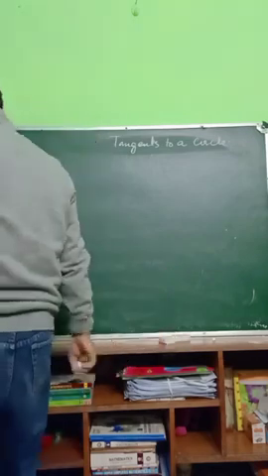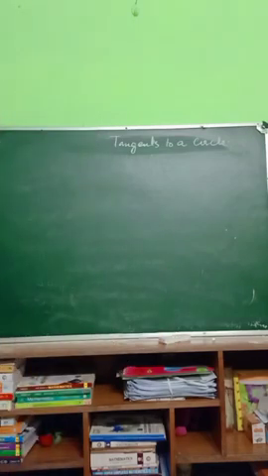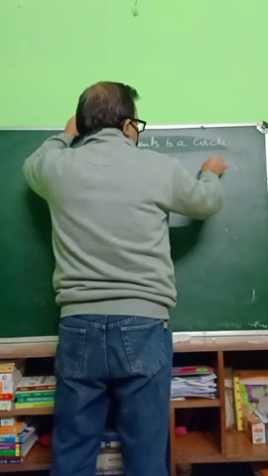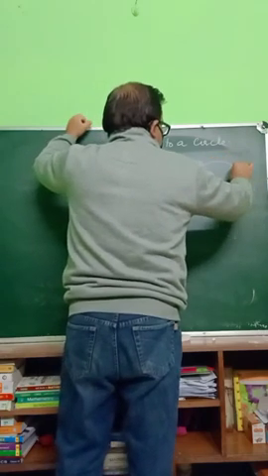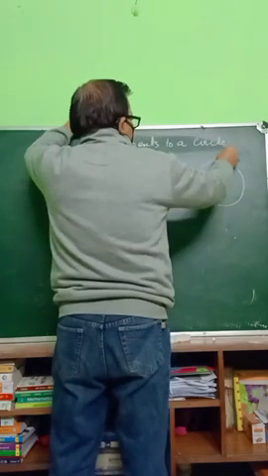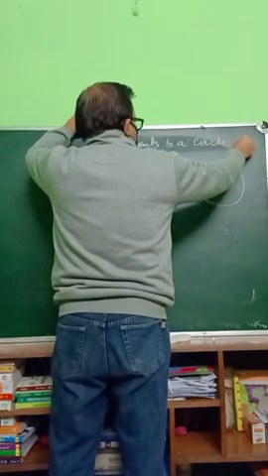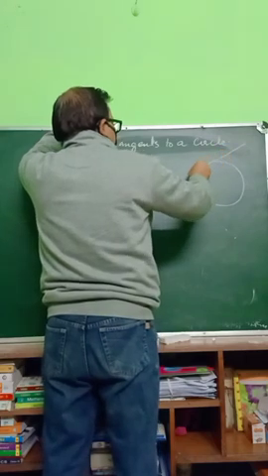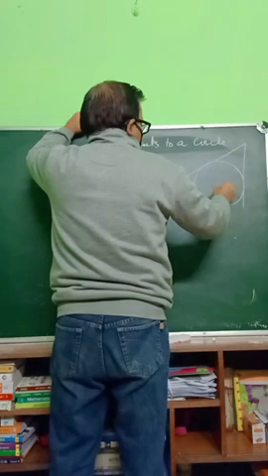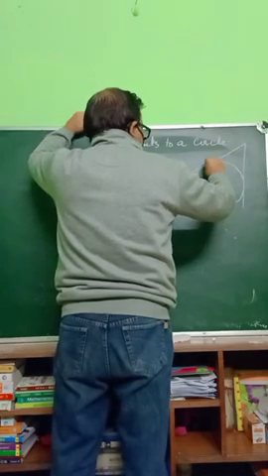The next sum says, if two tangents to a circle are inclined at a 40-degree angle, what is the angle subtended at the center by these?